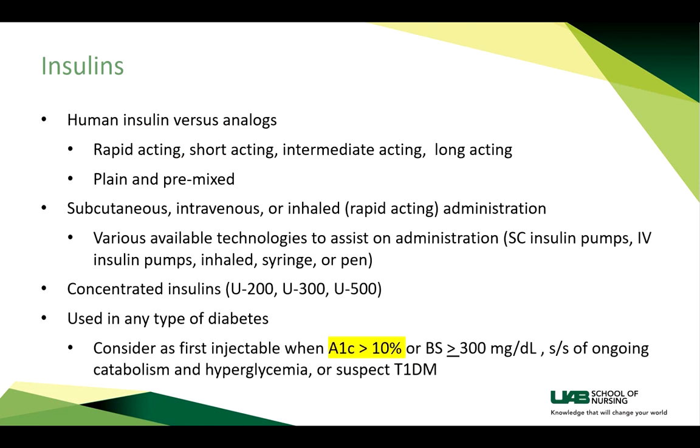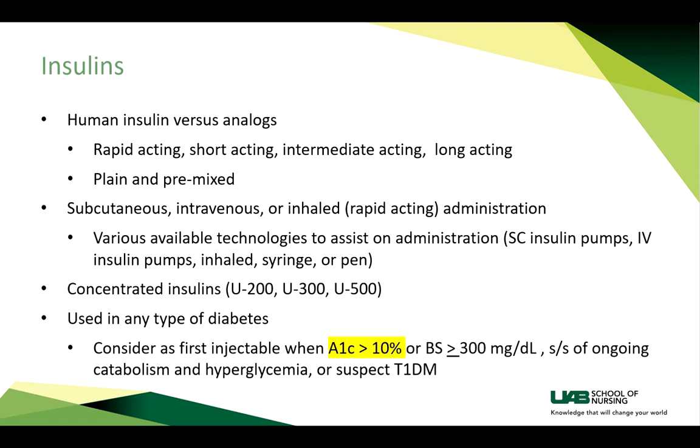All right, going back to the slide, insulin comes in a variety of administration methods, including subcutaneous, intravenous, and inhaled administration. We also have various technologies to assist with administration, like our sub-Q insulin pumps, our IV insulin pumps, our inhaled apparatus to help with inhaled insulin, our syringes, and our pens.